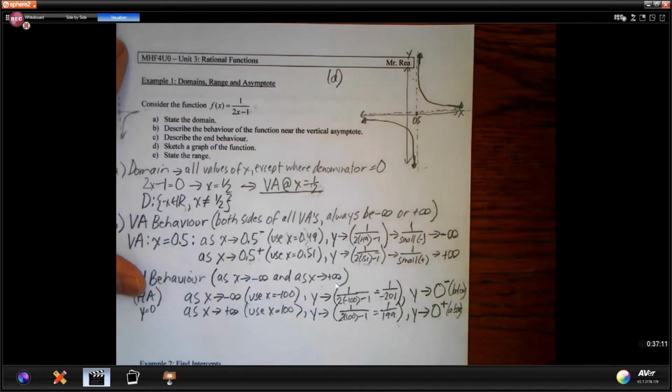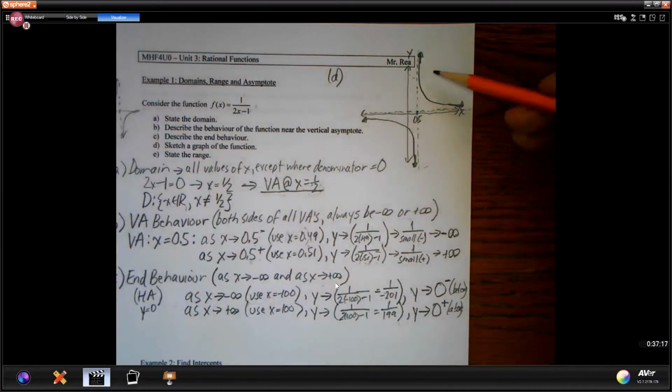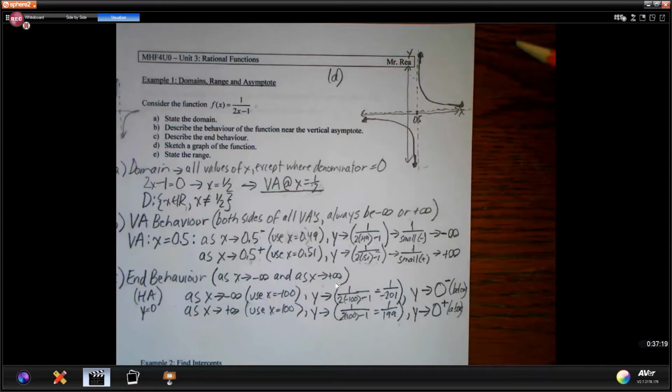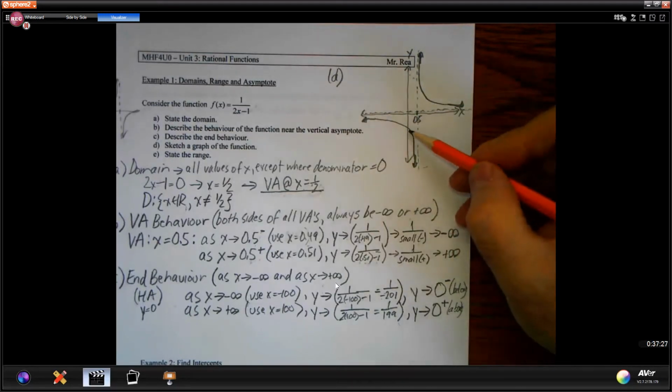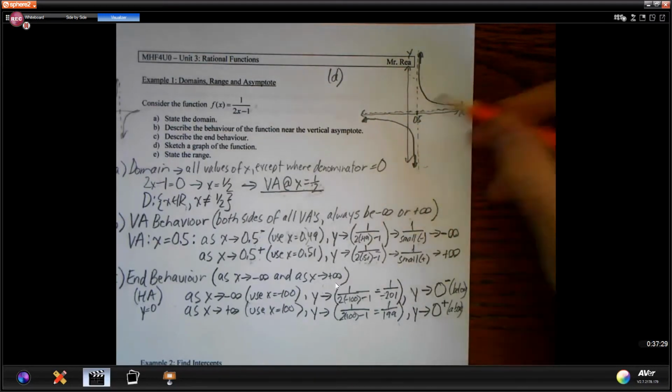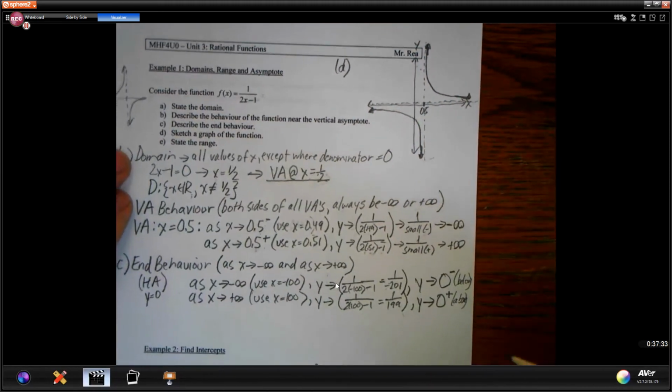Now, what we're going to do on the next examples, we're going to gather a bit more information. We're going to try to find x and y intercepts. So obviously, if I knew the y-intercept here, I could get more accurate information on where that point is. So we're going to add information to make it a little more useful.